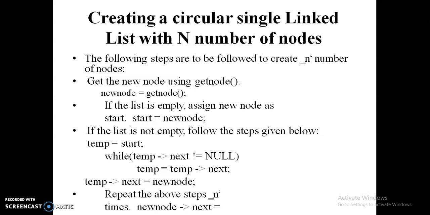Here, for creating a circular linked list with n number of nodes, generally the steps are: first, we create one new node. For that, we can use the getnode function: new node equals getnode. The getnode function creates a new pointer variable of the structure type, malloc is used to assign the memory, and then it assigns the value to the data variable, and the next variable is by default assigned null.